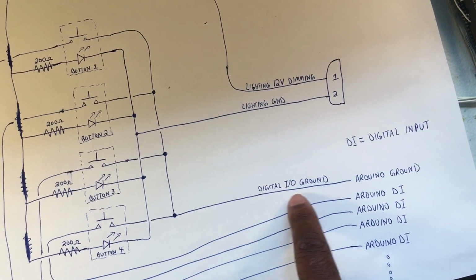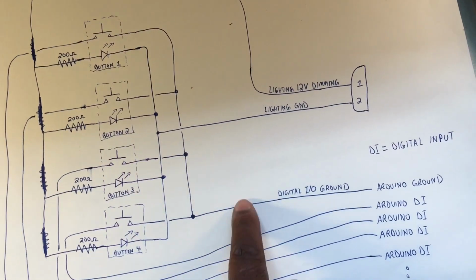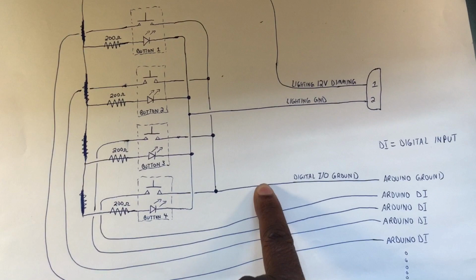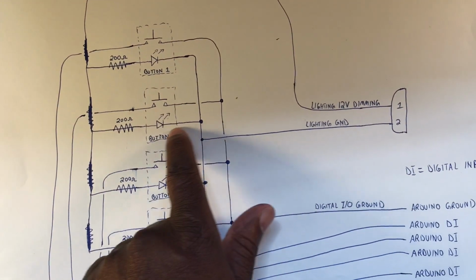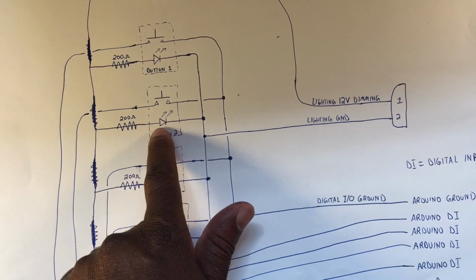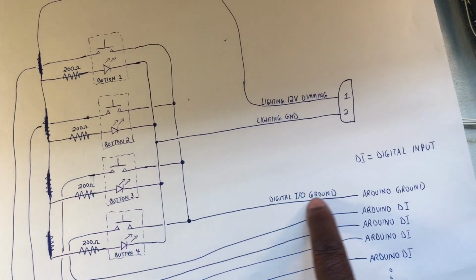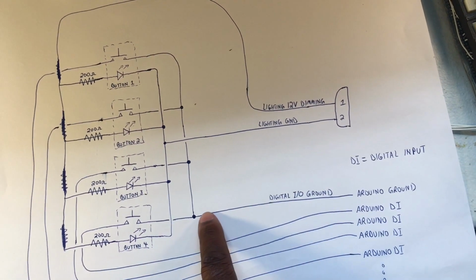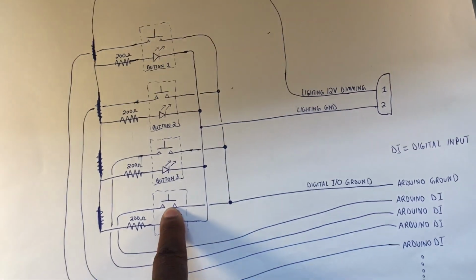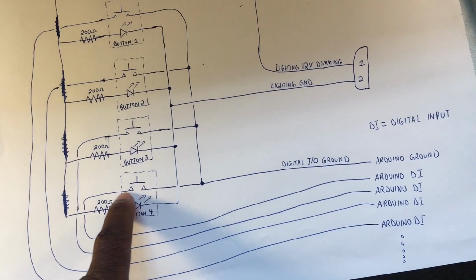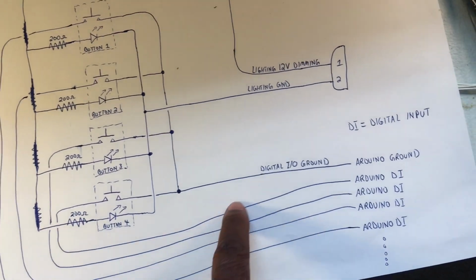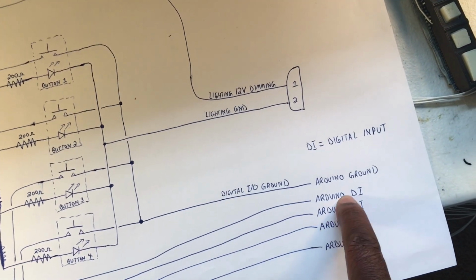And as you notice, we have two grounds that you want to, if possible, keep separate. You have your lighting ground that is used to light the push buttons, and you have your digital ground that you use for your push buttons, so that when the button closes, the Arduino sees the ground going into the Arduino as a digital input.